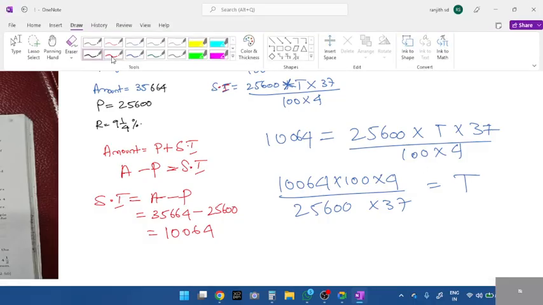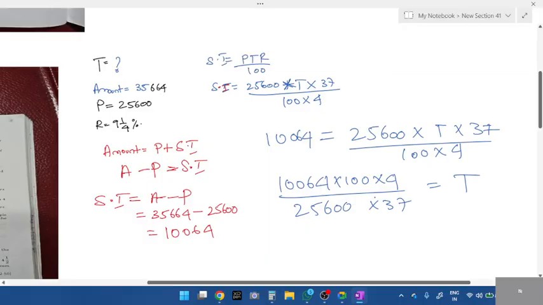How do you cancel this, students? How do you cancel it? Two zeros. You can use 4 ones are 4, 4 sixes are 24, 64 times.